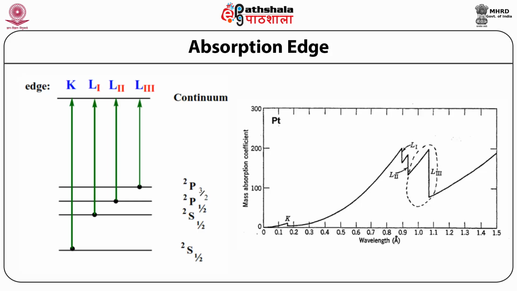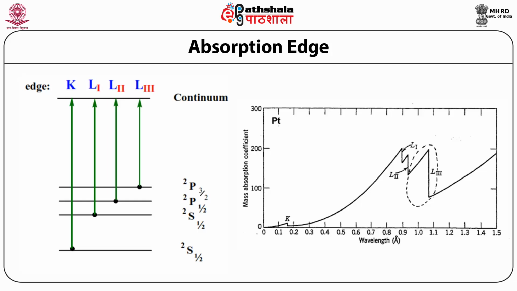And now the transitions are shown, called the K line and the L1, L2, L3 lines. This particular diagram is for platinum, and on the right hand side one can see the spectrum. To see the spectrum one has to vary the wavelength.